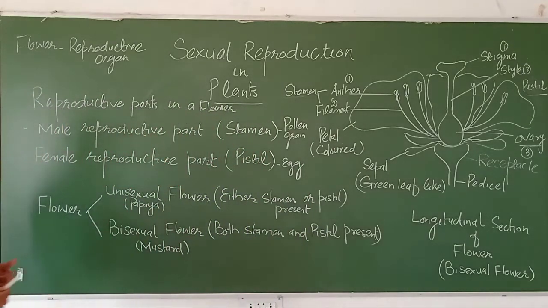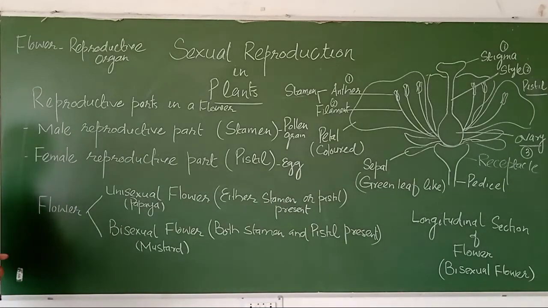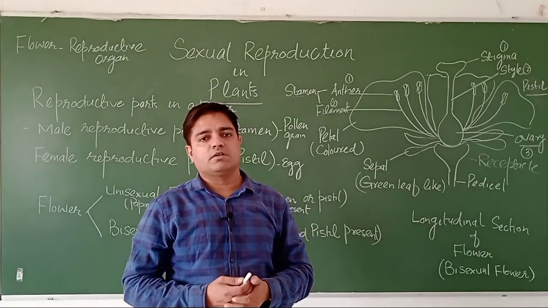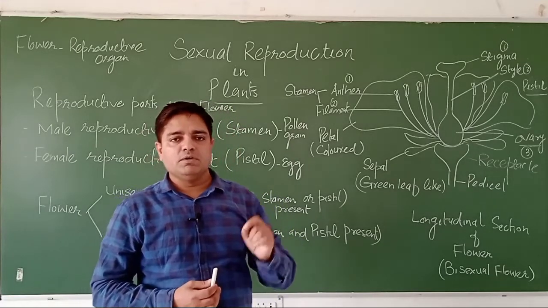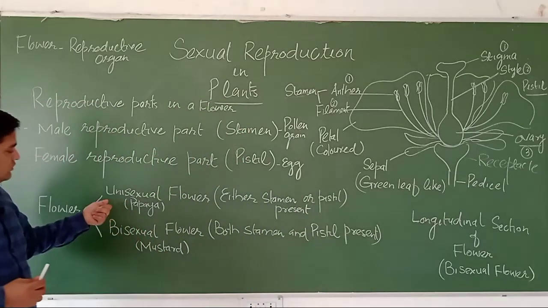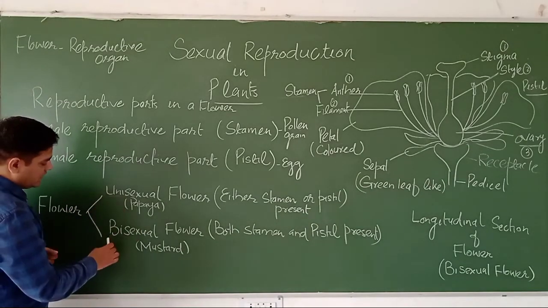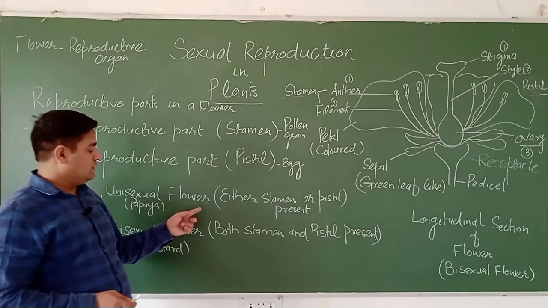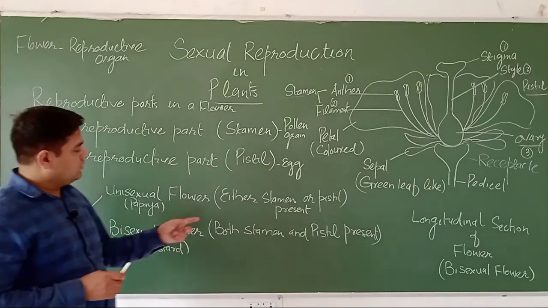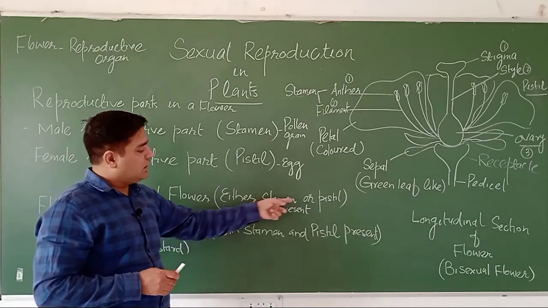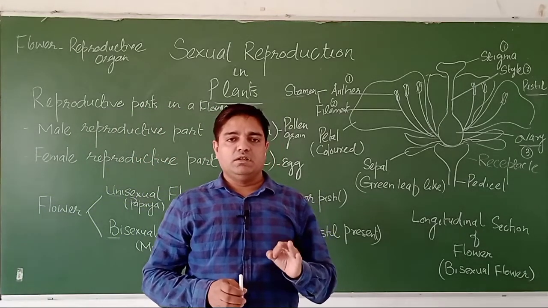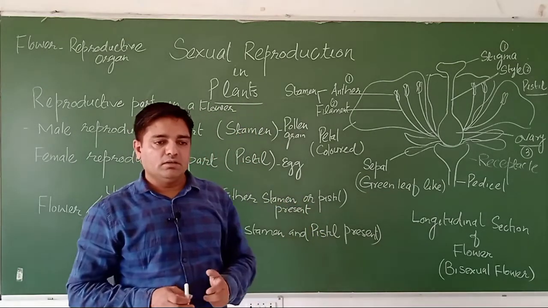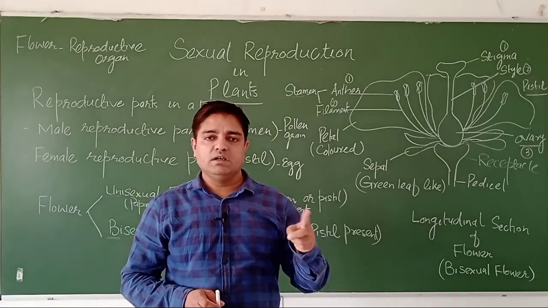On the basis of the presence of male and female reproductive parts, flowers may be of two types: unisexual and bisexual. Uni means one and bi means two. A unisexual flower is a flower which contains either stamen or pistil, only one reproductive part, either male or female.